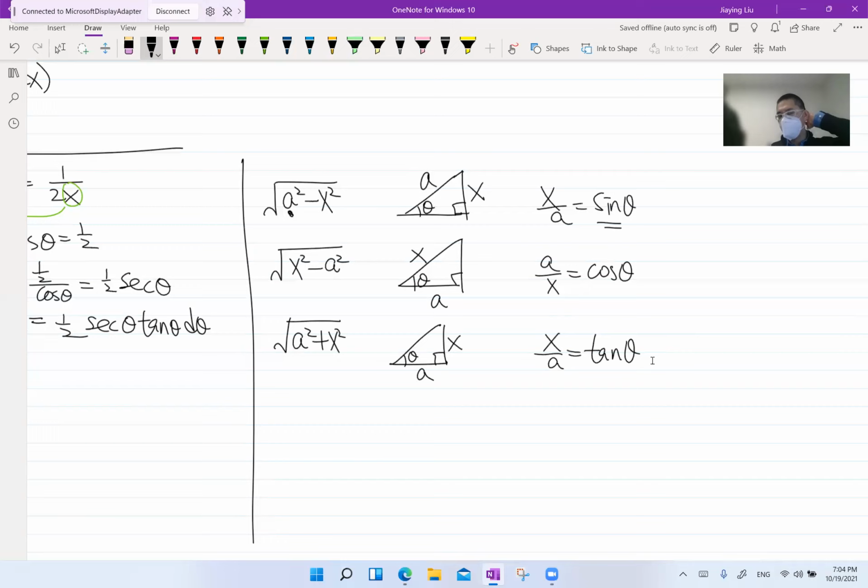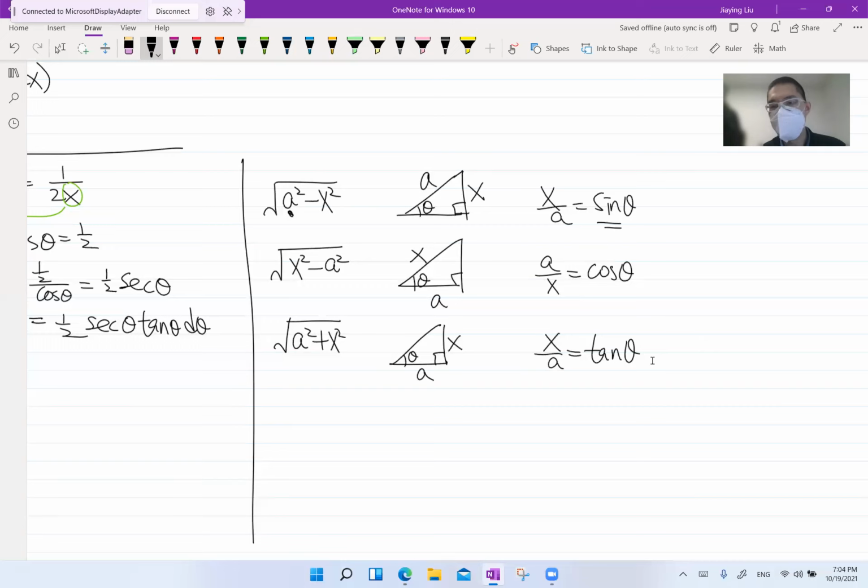So again, it's a little bit of memorization, but you kind of have to use the Pythagorean theorem or various forms of it to decide where the x goes and where the a goes. For now, I would say maybe just memorize it. Those are the 3 cases that will be useful.